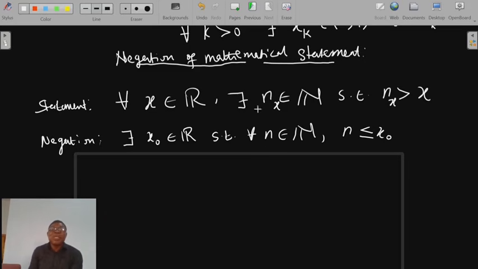That is what we did here. Observe that for all changes to there exists, and there exists changes to for all. Then this inequality, greater than, is negated to what? To less than or equal to. Further examples.